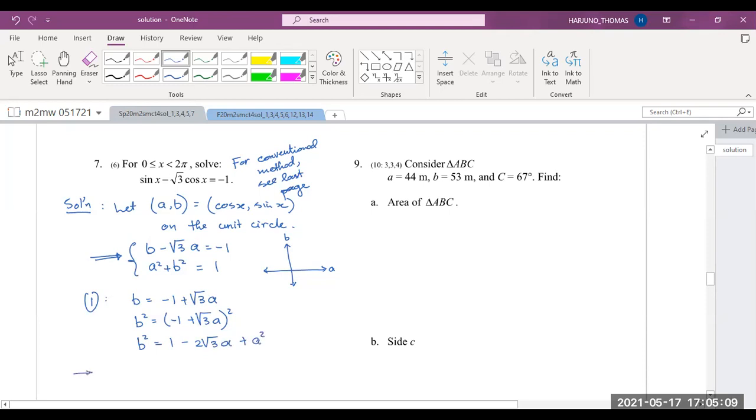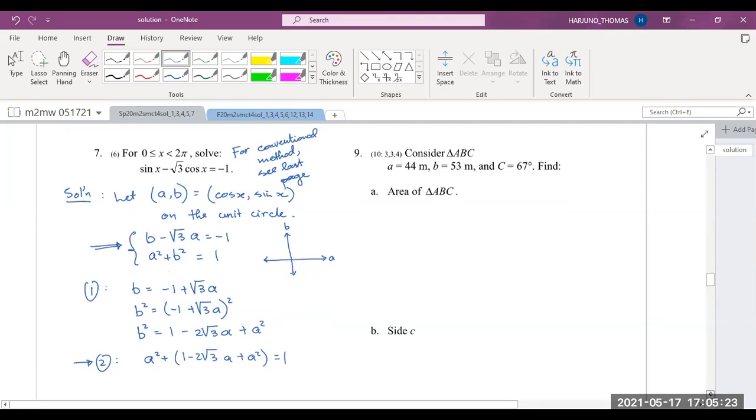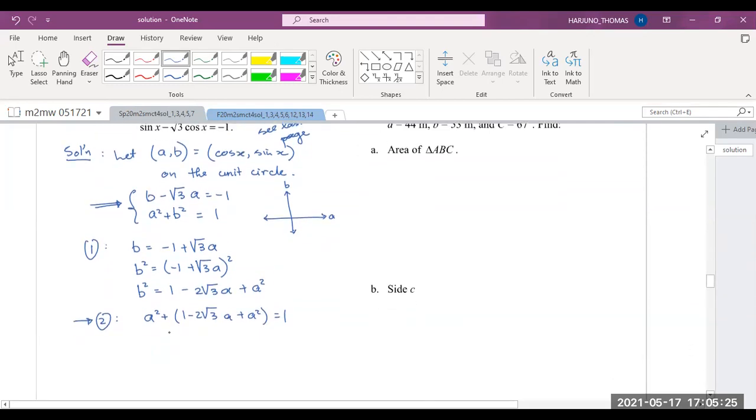Now, pushing that into equation 2, a squared plus b squared equals 1. Okay, so we have 2a squared minus 2 radical 3a equals 0.